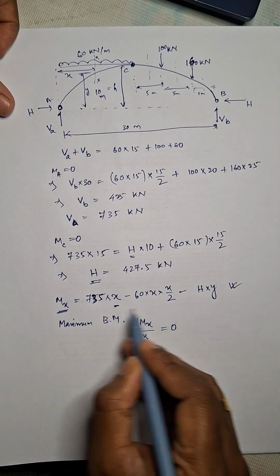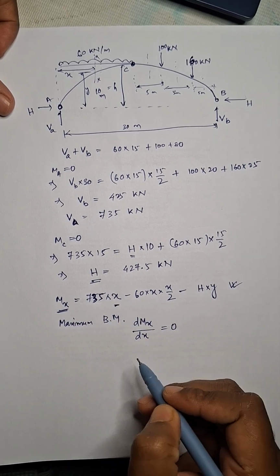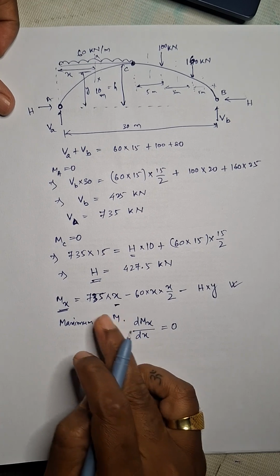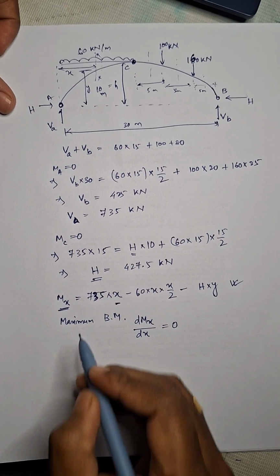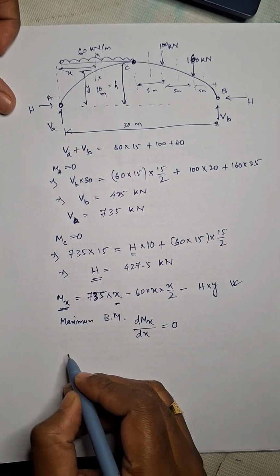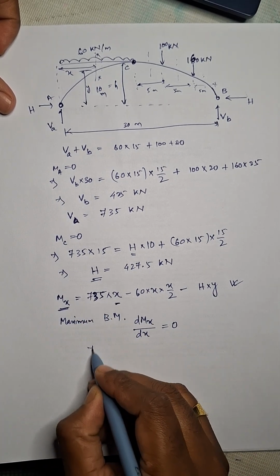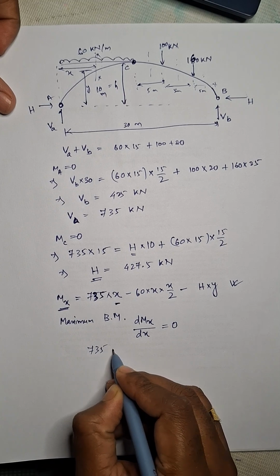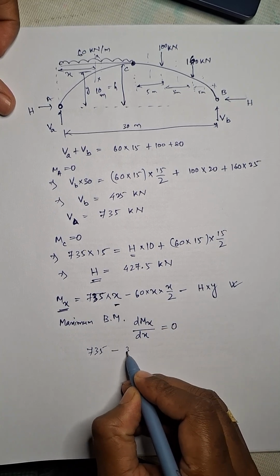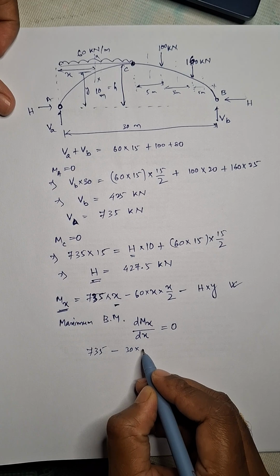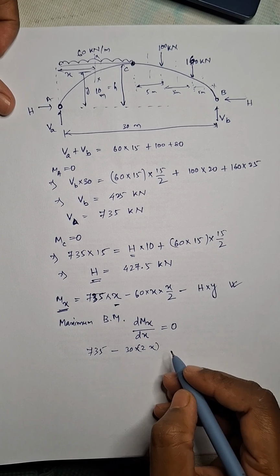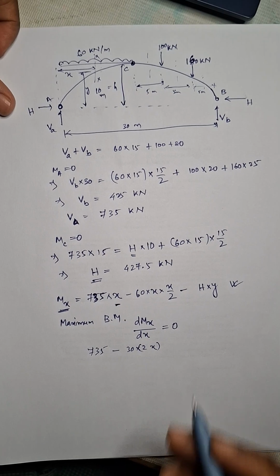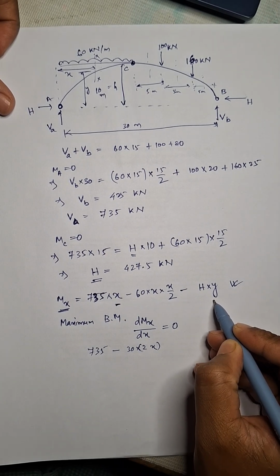How? If I differentiate this, the differentiation of 735x gives dMx upon dx equals 735 minus 60 by 2, which is 30, times x squared, so 2x. The y value will also be known to us.